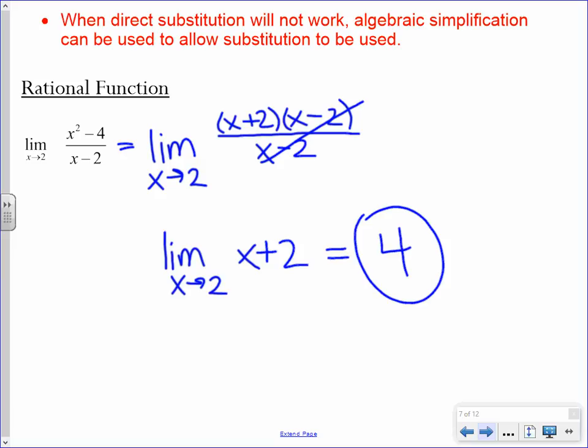Okay? Now, what's happening at x equals 2? When those canceled out, what's happening? We have a hole. So without having to graph this, we figured out the limit. There's a hole at (2, 4), and that's what we found analytically. Graphically, same thing would happen, but this time we did it with this algebra.